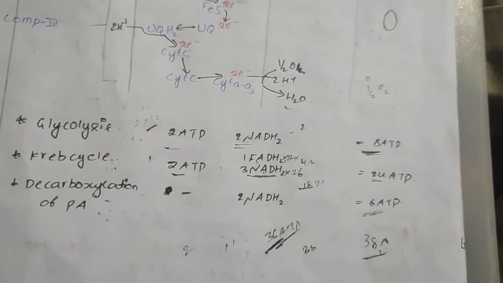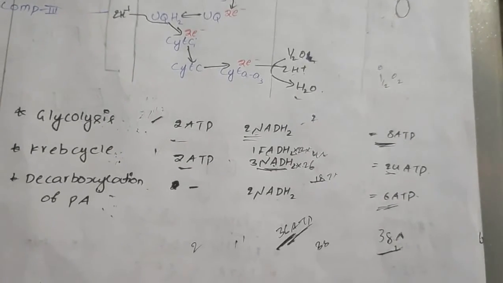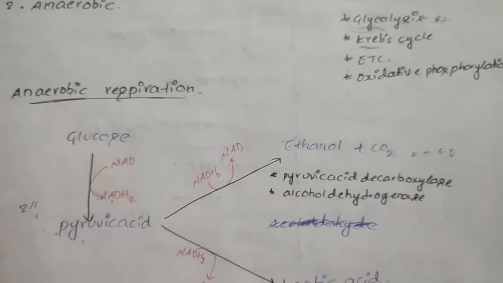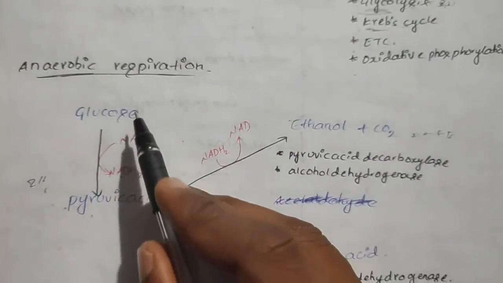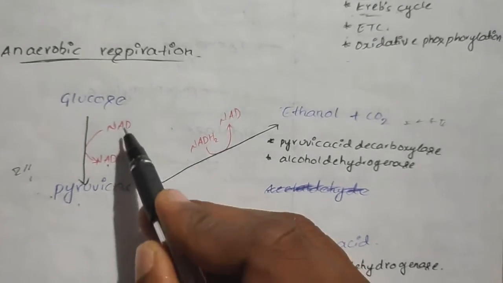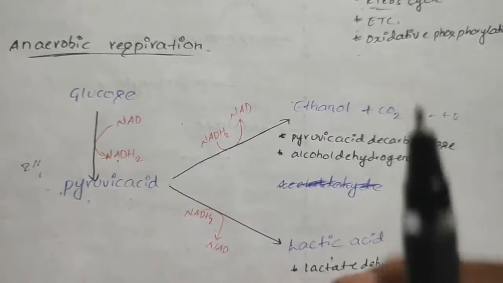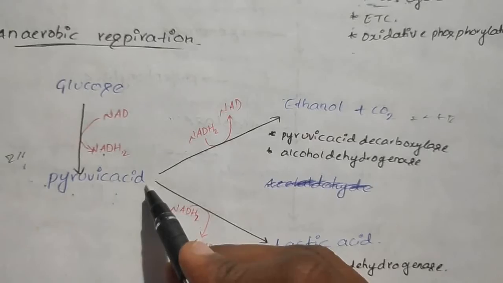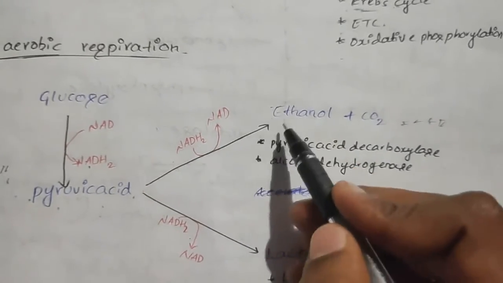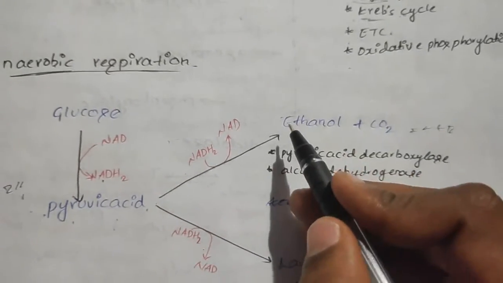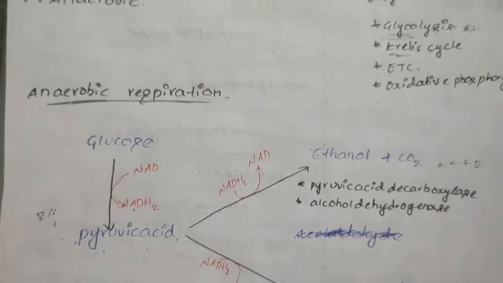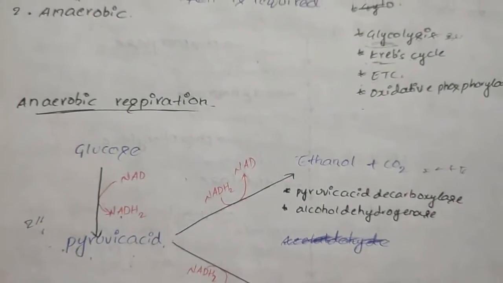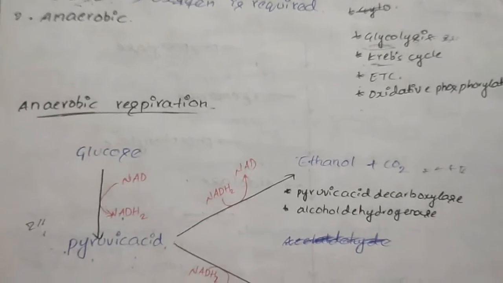But in anaerobic respiration, we get only 2 molecules of ATP. Glycolysis is the first common step for this also. Here glucose breaks down into pyruvic acid, and in this process 2 molecules of NADH2 are produced. Later on, in some bacteria, where anaerobic respiration takes place because oxygen is not available, aerobic respiration won't take place.